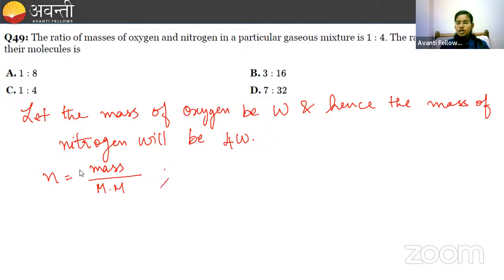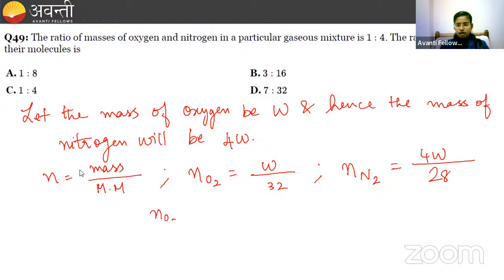Using this formula, the number of moles of oxygen is W divided by 32, the molar mass of oxygen. For nitrogen, the mass is 4W and the molar mass is 28. Now taking the ratio N of O2 divided by N of N2, it will be equal to W divided by 32 over 4W divided by 28. So W gets cancelled.